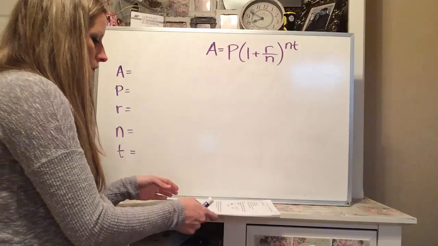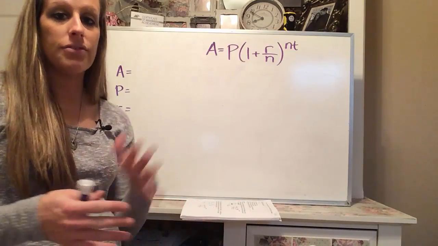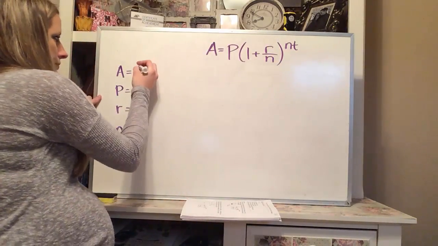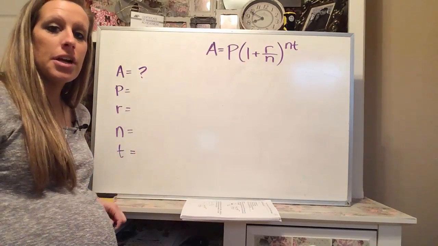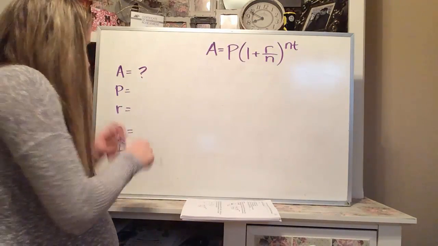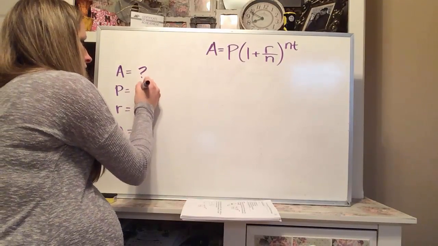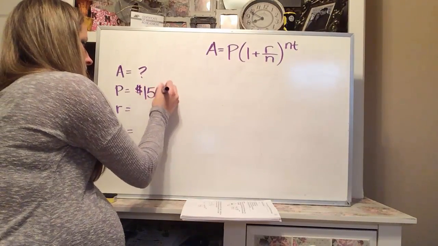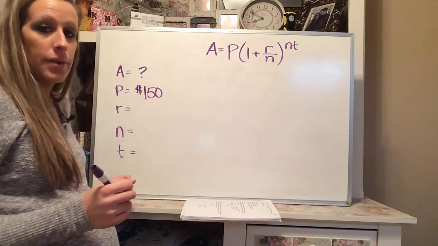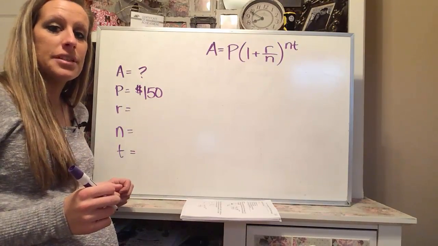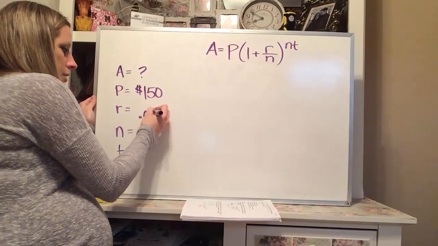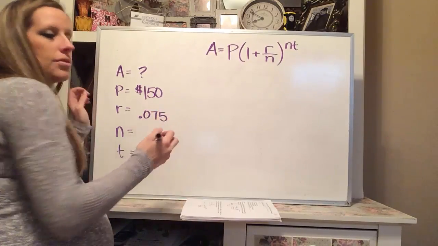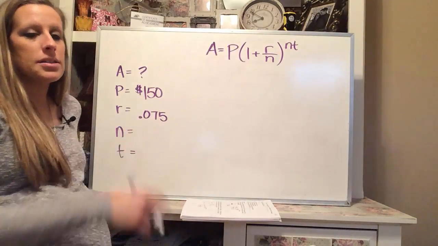Okay, so we're trying to figure out the amount after a certain time, which is A. Our principal is what we started out with, and we paid $150 for those baseball cards. Our rate is 7.5%. So if you put it as a decimal, it's 0.075. We just move that decimal 2 spots to the left.